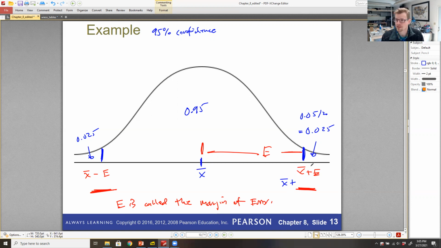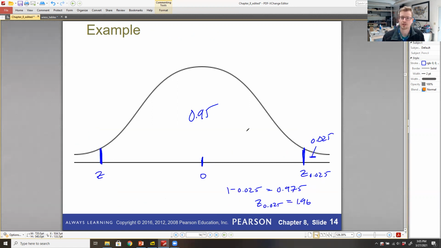Well, I suppose in order to find that, we would actually have to recognize how we find z values. So z is equal to the observation minus the mean divided by the standard deviation. In this case, we're using the standard deviation of the sample means. So the standard deviation of the sample means is the standard deviation of the population divided by square root n.